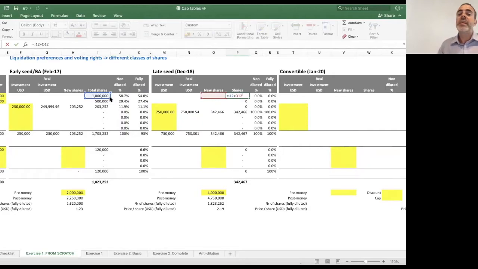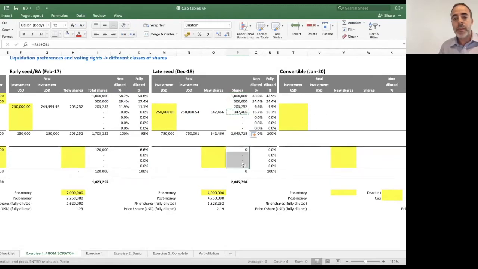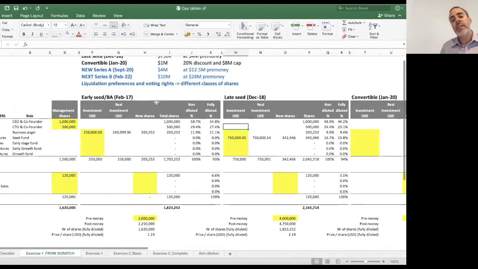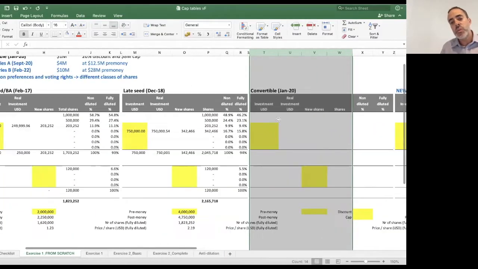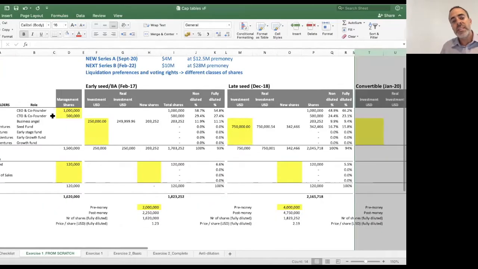So basically, the way I'm building this is adding different stages towards the right. And you may see that some information is repeated at every single stage, but that's much better than going into whatever round and having references to cells that are in the beginning, if you know what I mean.